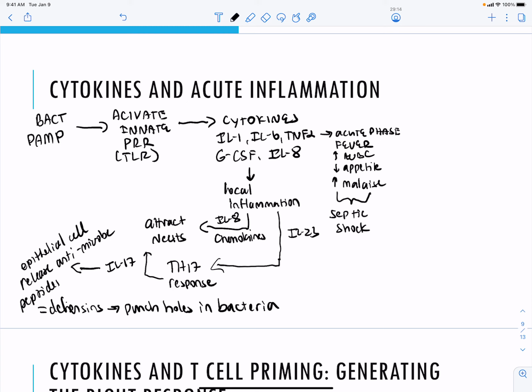Now, if viral, which is intracellular, or an intracellular bacteria, the cytokines would favor Th1.